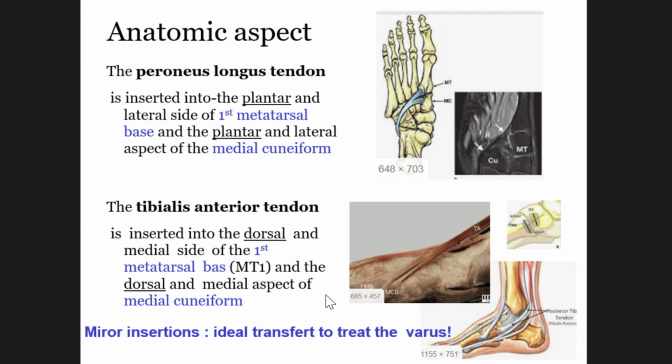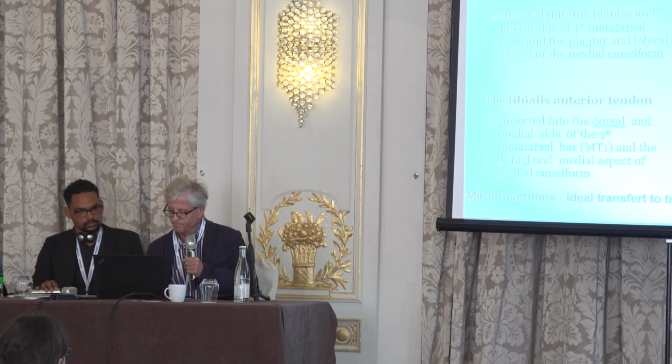Peroneus longus inserts on the plantar side of the first metatarsal base and medial cuneiform, and the tibialis anterior on the dorsal part of the first metatarsal base and medial cuneiform. So with those mirror insertions, we can hope it could be the ideal transfer to treat the varus.